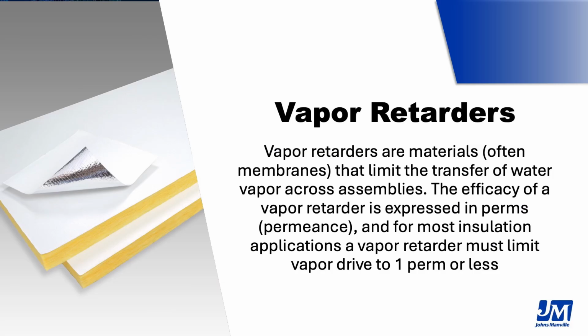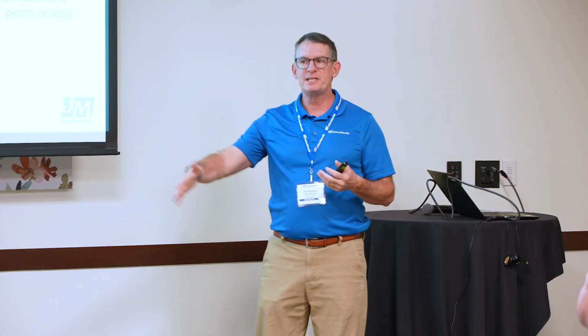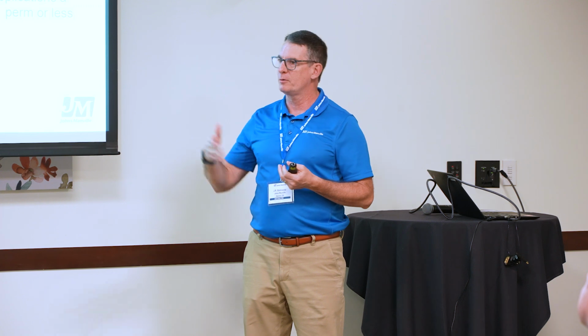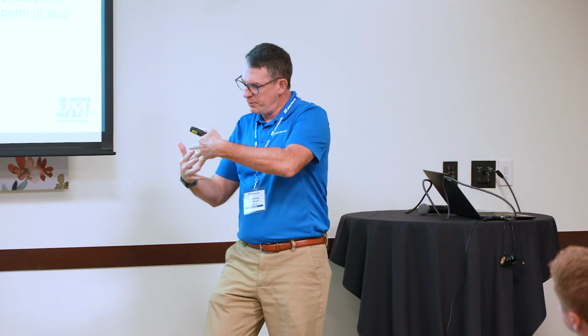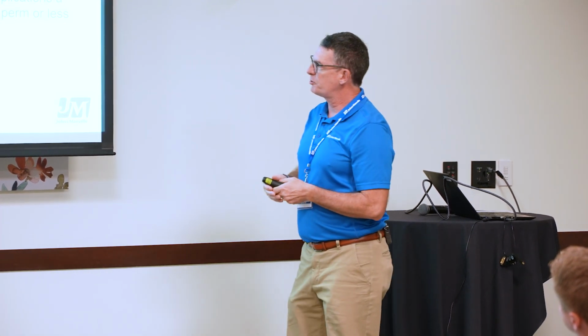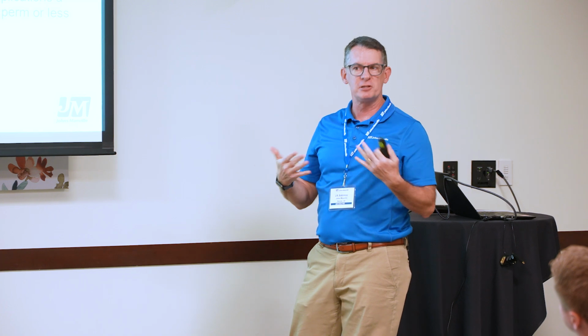To help manage that, we use vapor retarders, a material that slows that down. Just like insulation slows down the transfer of heat, a vapor retarder slows down the transfer of water vapor. Water vapor, like heat, is a percolation sort of process, a pretty slow bubbling through, and a vapor retarder helps slow that down.